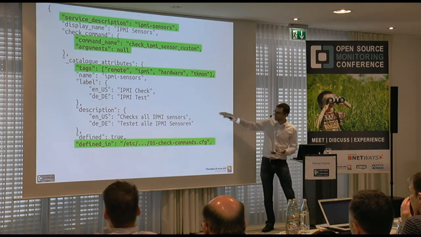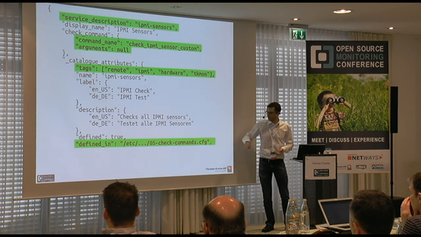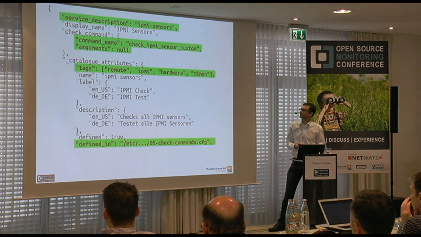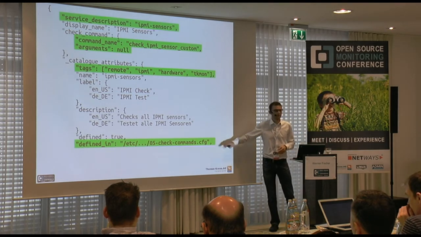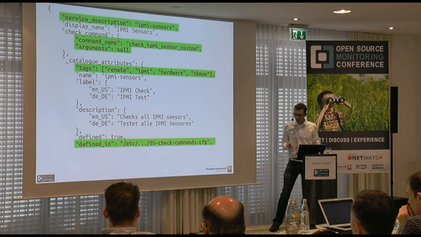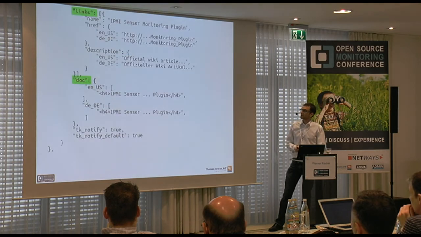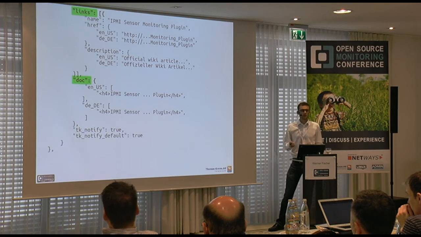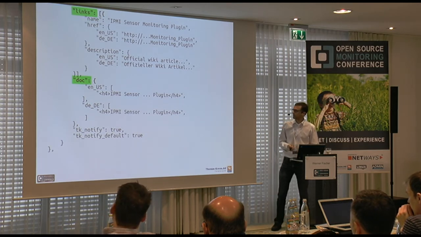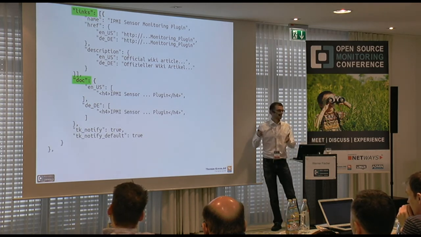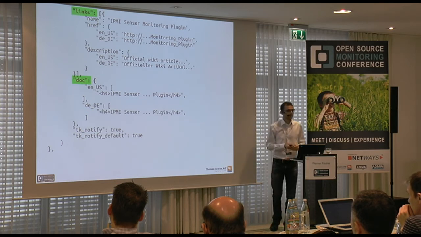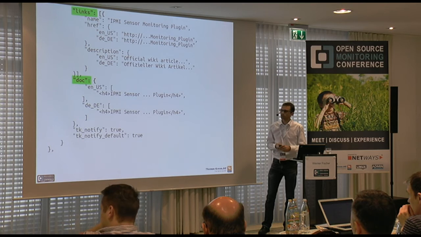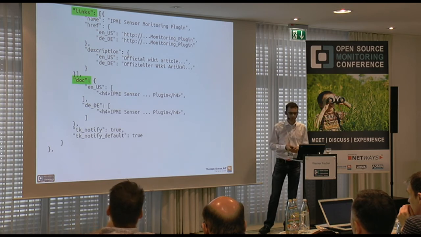So you put in the description and the check, where the command name for the check is defined for Icinga. Some additional possibilities: you could provide additional links where you can find background information of the plugin, and some kind of documentation with 1, 2, or 3 paragraphs for short user information about what this plugin does and what this check could do.